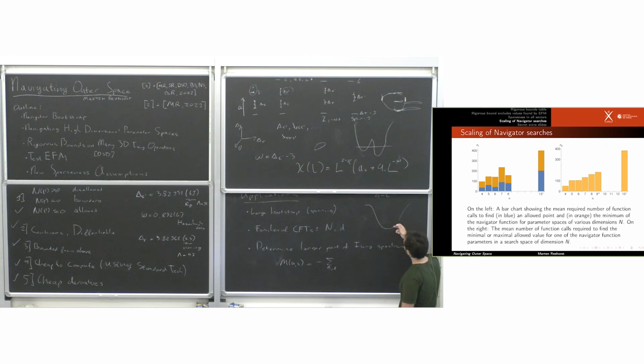One problem is when the navigator function gets a bit more difficult, you sometimes have sharper racing surfaces, and the less well approximated it is by a quadratic function, the more difficult it is to work with. Ideally, you would have just the quadratic function going to the minimum, and then you would do one iteration of your Newton method, and you would find the minimum.